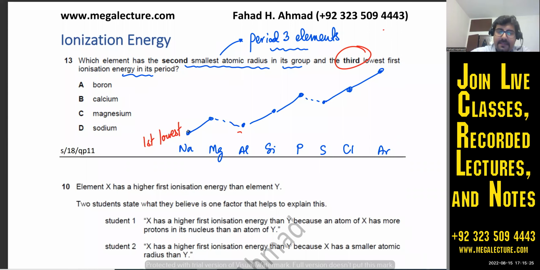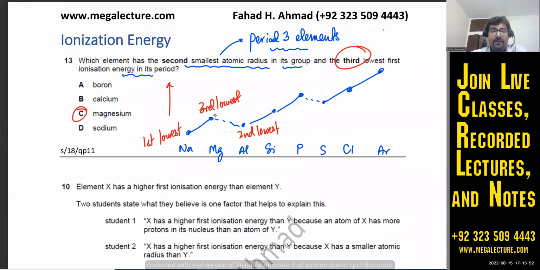This one over here is the second lowest. Which one is the third lowest? The third lowest happens to be this one. Looking at it vertically, the smallest ionization energy is for sodium, the second lowest is aluminium, and the third lowest is going to be magnesium. So magnesium is going to be your answer.